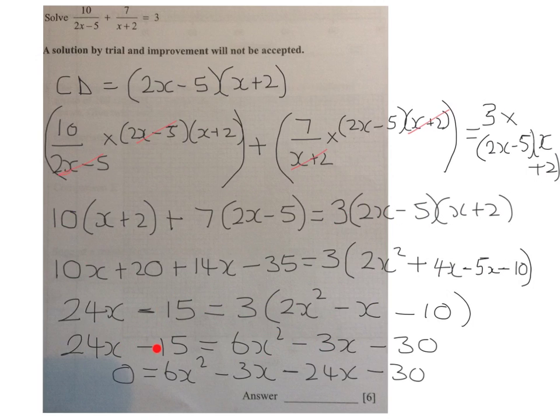And again, you can see the minus 15 is going to come over and become plus 15. So this leaves us with 0 is equal to 6x squared minus 27x minus 15. So I'm going to just take a new slide to finish this off.